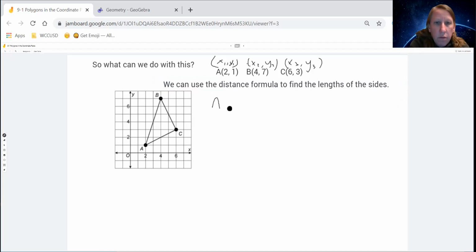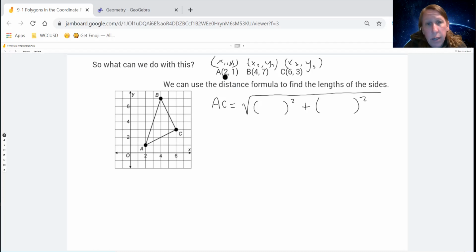So let's say I'm looking for AC, and that's going to be the square root of the difference in the x coordinates and the difference in the y coordinates. So I'm not modeling this very well, but yeah, I'll do it. I'm going to do x3 minus x1 and y3 minus y1.